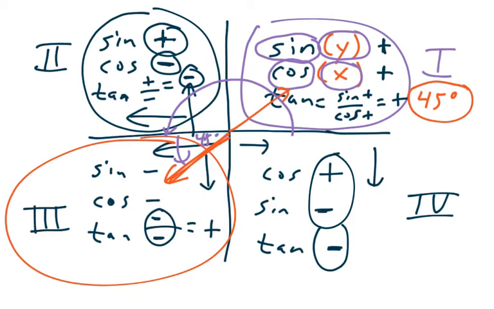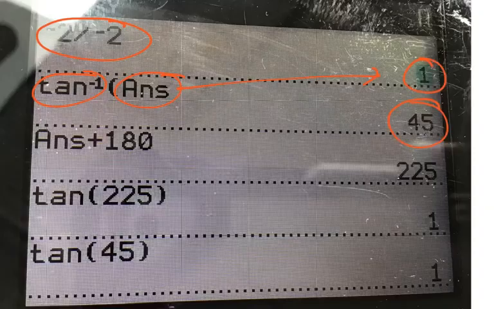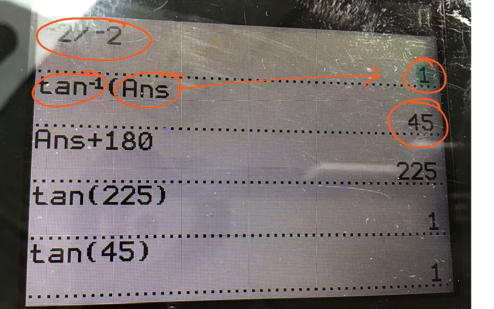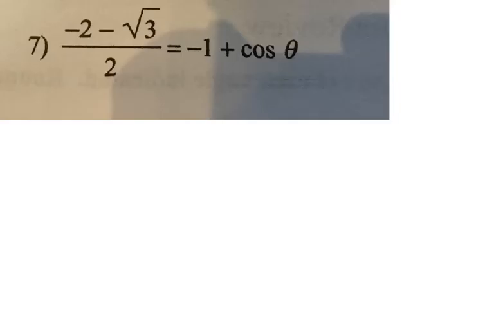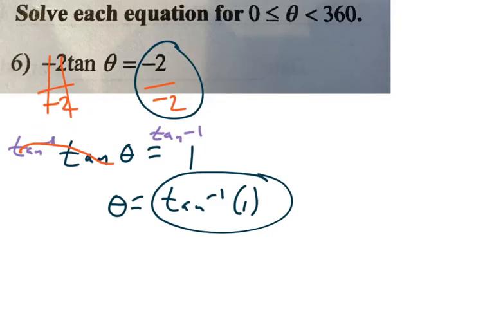So again, we have a 45 answer that can also be in quadrant 3 since tangent is positive, you see there. Okay, so going back to my calculator, that's why I took 45, I added 180 and got 225. Now notice it works out. If I do the tangent of 225, I get positive 1. If I do the tangent of 45, I get positive 1. And we have, therefore, two answers, you see.